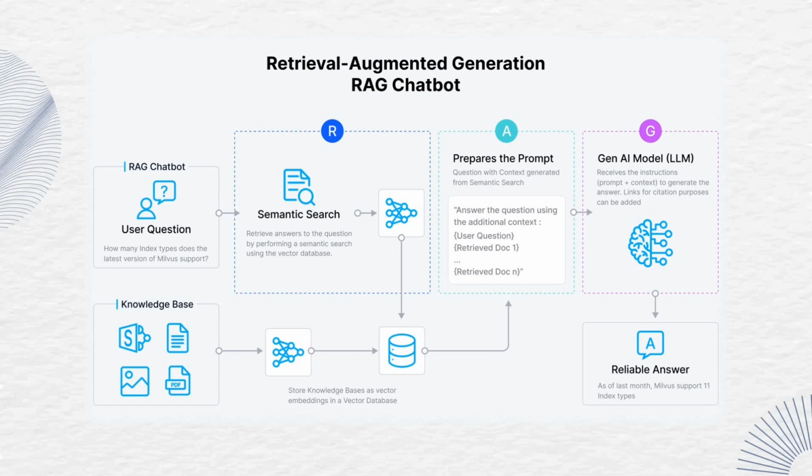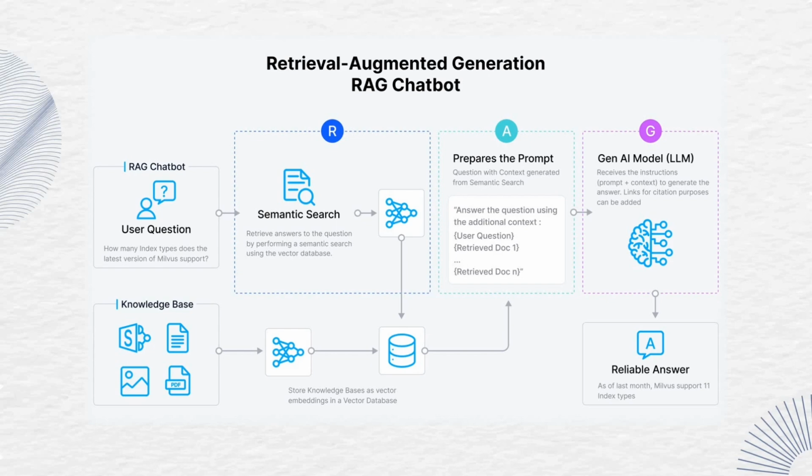As we already know, the process starts with a user question, and here the user question is, how many index types does the latest version of Milvus support? Milvus is a vector database service, and this particular question is aimed at the latest version of Milvus, asking how many index types it supports. So this is the question.